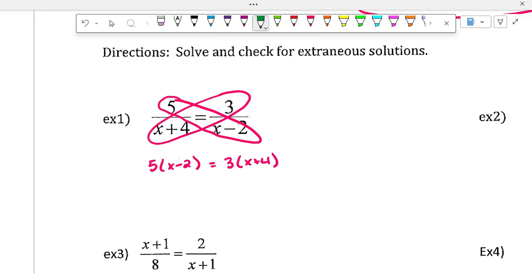Come on, guys. You start by doing what? Distributing. Distribute on both sides. So this would be 5x minus 10 is equal to 3x plus 12. What do I do next?